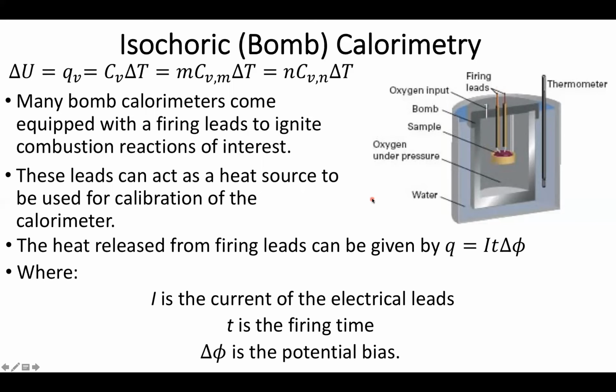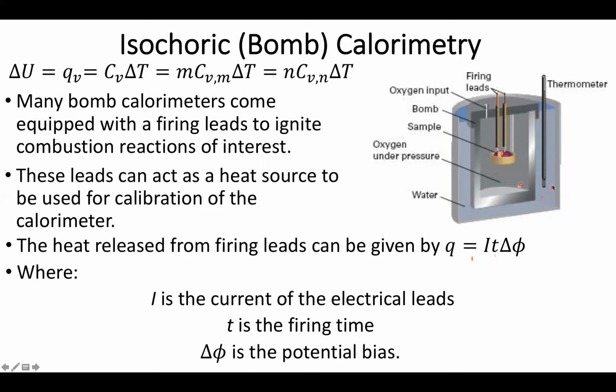So we can determine the heat released from our firing leads, assuming they are a simple electrical firing system, by using the current of our electrical leads, the time that we ignite the system for, so how long I fire the leads, and the potential bias between the leads. For example, you can imagine using a 120 volt bias with, say, a 10 amp current for 10 seconds. And this would be an example heat source.